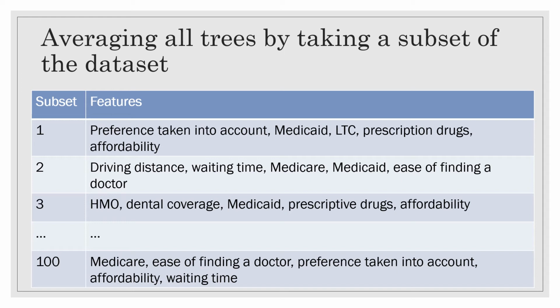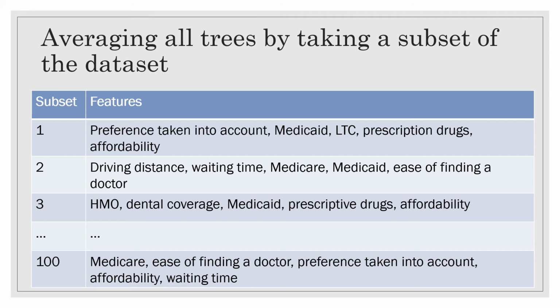And we send yet a different survey to respondents assigned to subset 3. We ask them how having HMO, how having dental coverage, how having Medicaid coverage, how having prescription drugs coverage, and how being able to afford healthcare affects their healthcare satisfaction, and so on and so forth.